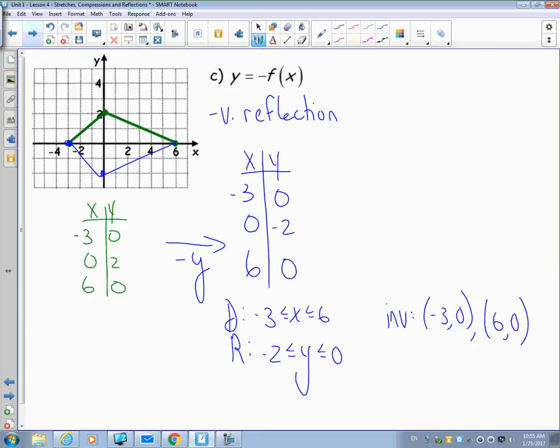Now, one little trick. If I try that with the reflection one, reflection, this was, we didn't do anything with the x's, but I'll write them down anyways. If I try and take the negative of y here, I don't get the same thing in my range.